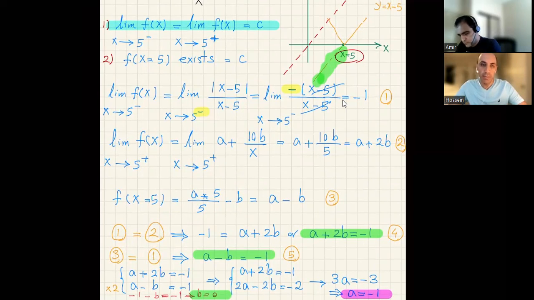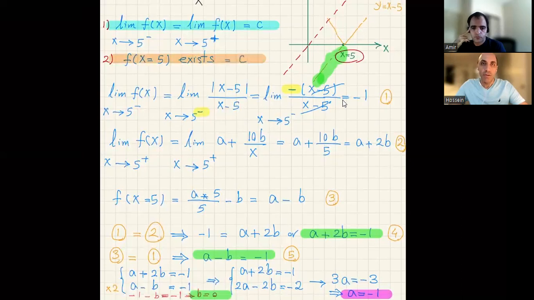And what Amir did here, he put all these 3 equations equal to each other, and we had 2 unknowns, A and B. At the end, he got 2 equations with A and B, basically a system of equations with A and B as unknowns, and he solved that system and found the values of A equal -1 and B equals 0.